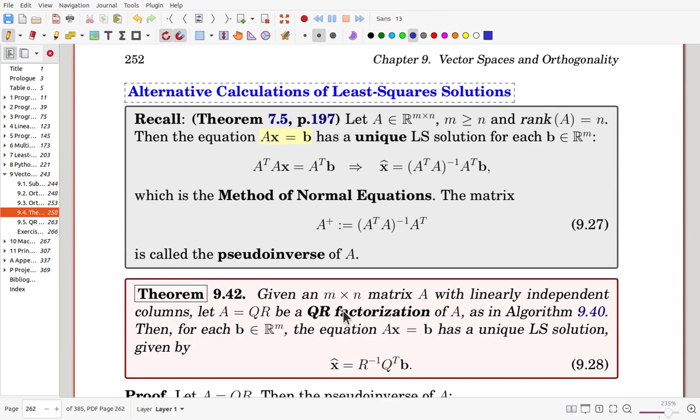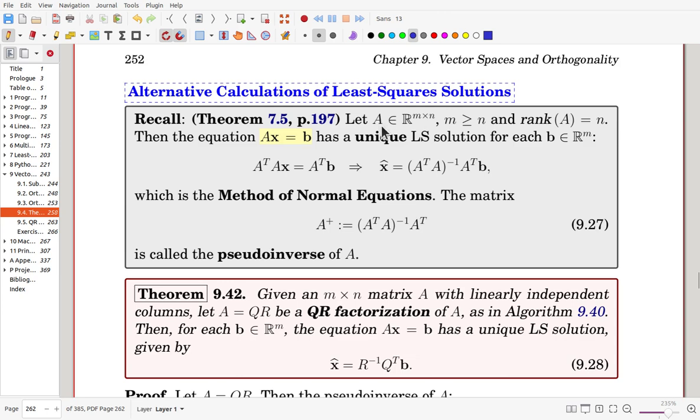Here we have alternative calculations of least squares solutions. A is an m by n matrix, and we assume m is larger than or equal to n, and also assume the rank of A is n, which means that the columns of A are linearly independent.